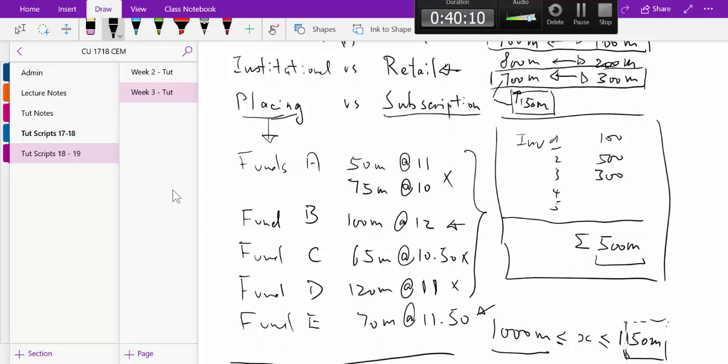Now, like I said, this is not scientific, but it's a fascinating process because you want to price from the client's point of view. Of course, you want as high a price as possible, but from the investor's point of view, you want as low a price as possible.